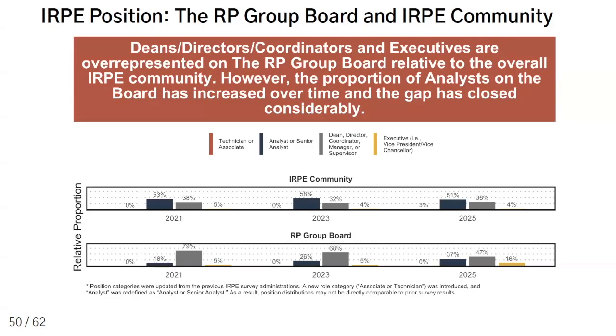I am one of the non-dean, director, coordinator. I am of the analyst group. Viva la analysts. So we are still becoming a voice within the RP group board. Thank you. Next slide.